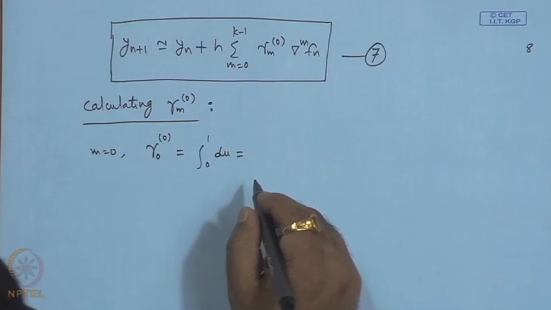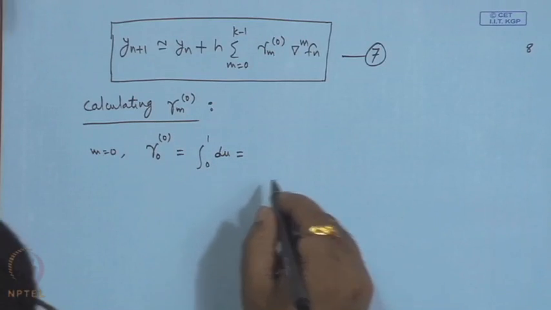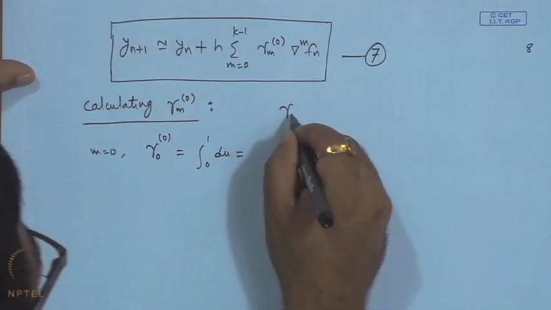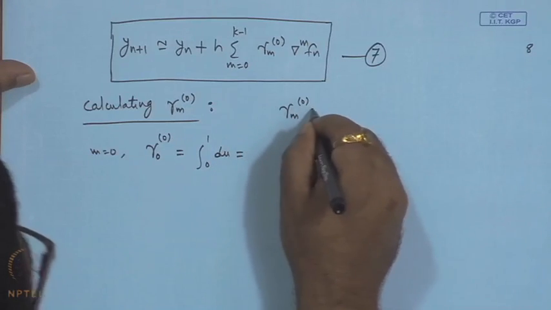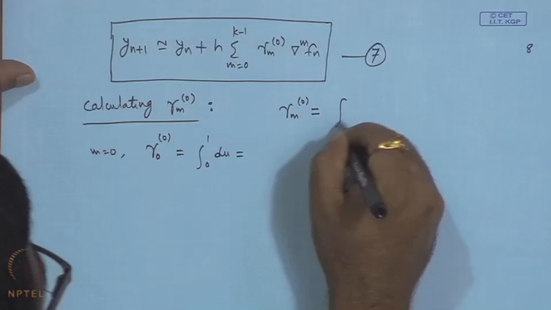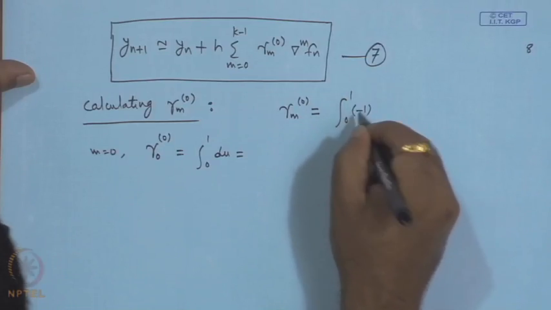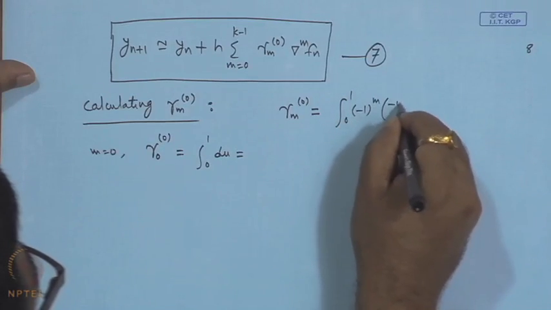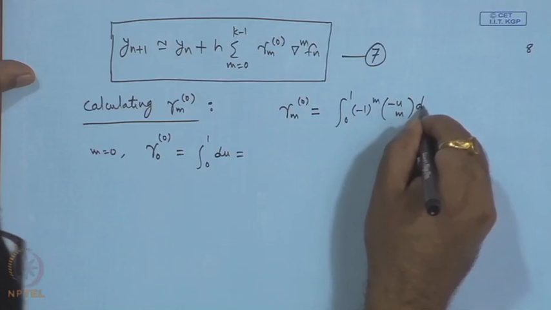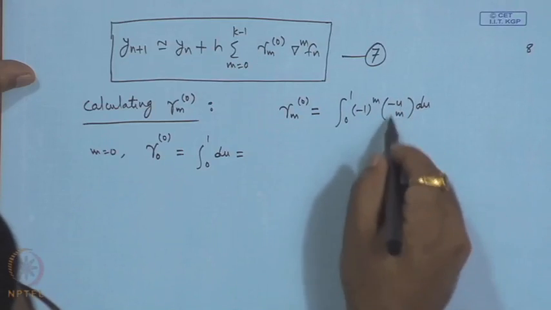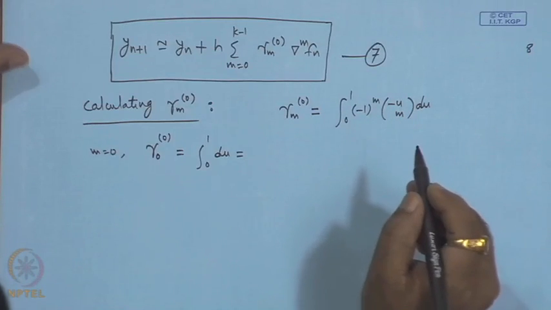Okay. So, m 0, because what was our formula? Our formula was, and minus u c m was also defined.